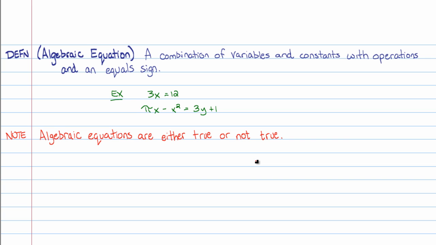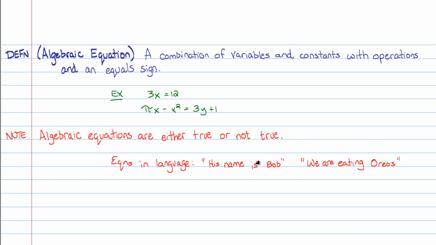That's either true or not true. That person's name is Bob. That's either true or not true. That can be proven or disproven. You can just ask the person if their name is Bob. So those types of statements are the English equivalent of an equation.